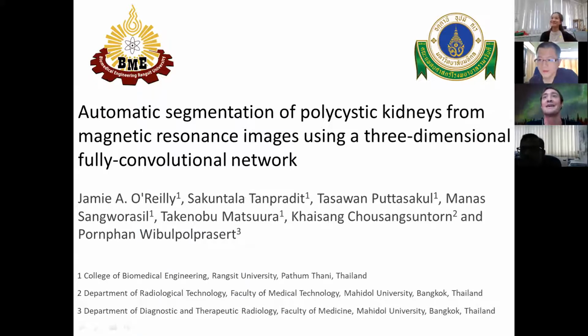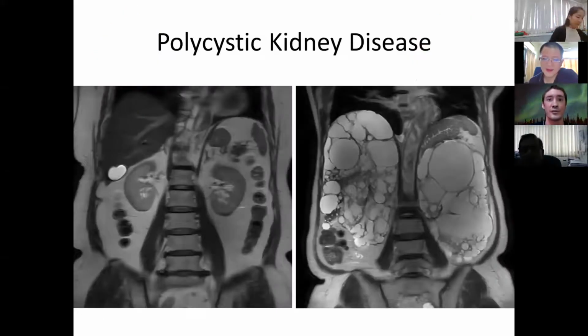Piscini. And this project is about automatically segmenting the kidneys, polycystic kidneys, from the MRI images. This is a collaborative project between doctors at Ramathibodi Hospital and us engineers at the College of Biomedical Engineering, Rangsit University. So here are two example images of patients with polycystic kidney disease.